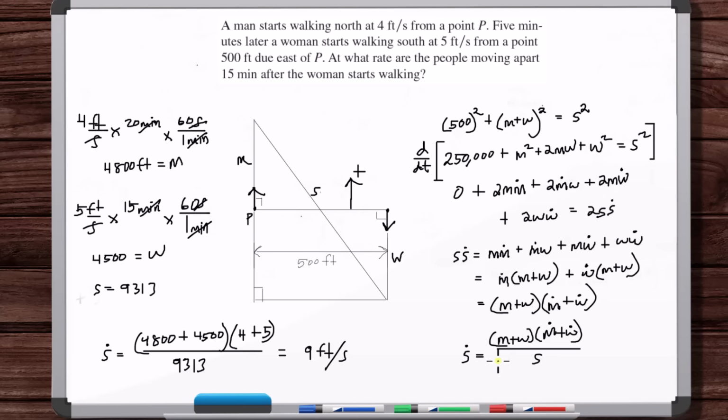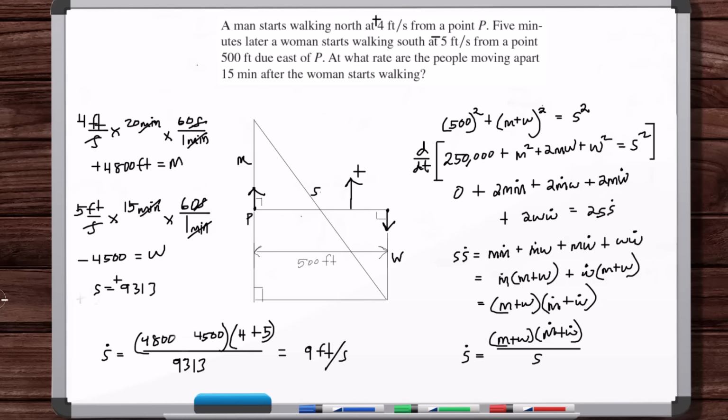The derivative is exactly the same, but now m is positive, w is negative, s is positive, the woman's rate is negative, the man's rate is positive.